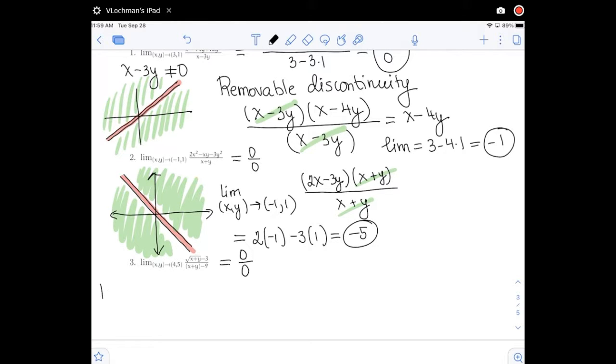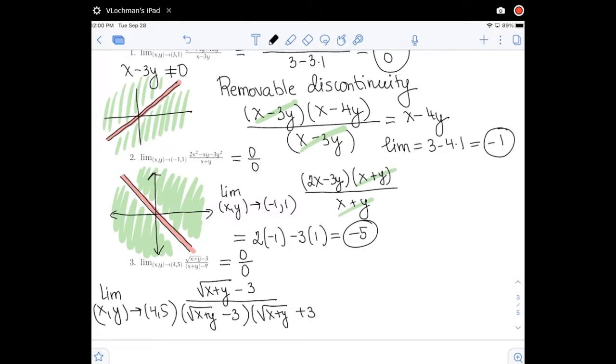So limit as (x, y) goes to (4, 5). On top, I'm not changing anything. On the bottom, even though it doesn't look like it, it is a difference of squares. Which squares? Square root of x plus y minus 3, and then square root of x plus y plus 3.